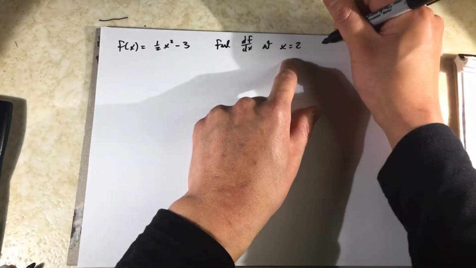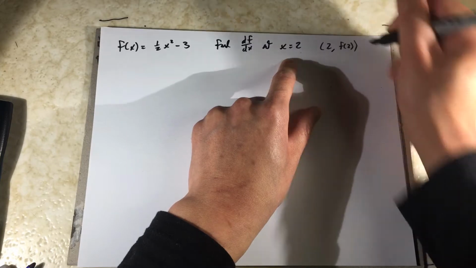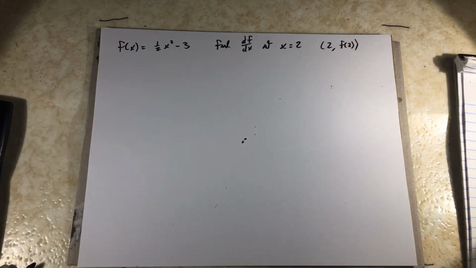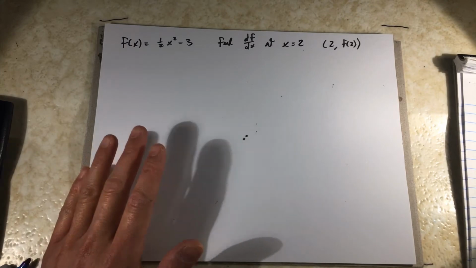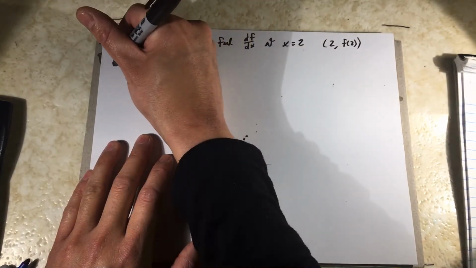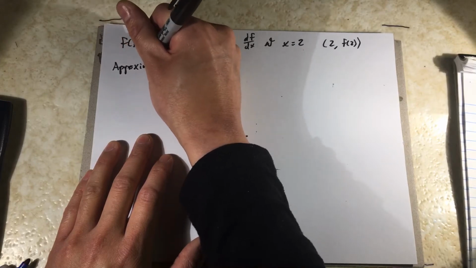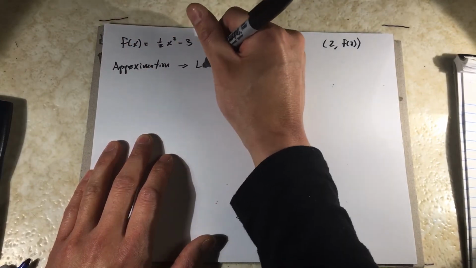So this would be at the point 2, f of 2. Whatever that evaluation is, that would be the point where we want to find the slope. So we're going to do an approximation, and we're going to look for the trend.